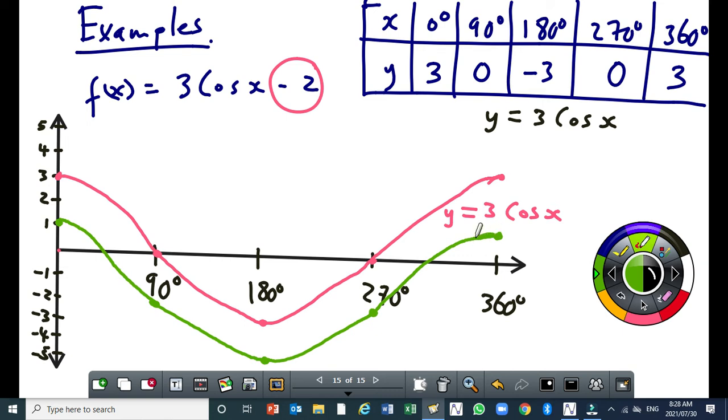So it looks something like that after the vertical shift by 2 units downwards. If I want, I can erase the top one, but I'm not going to do that because I use it for teaching purposes. So f of x equal to 3 cos x minus 2.